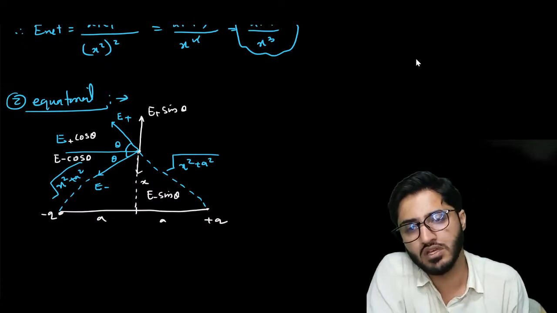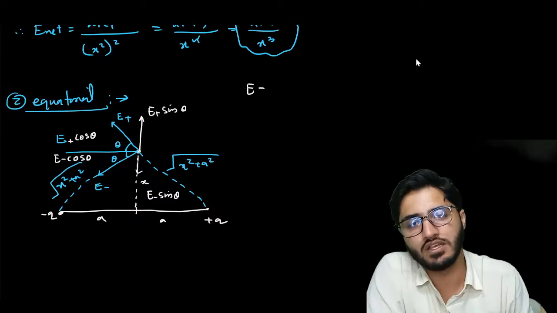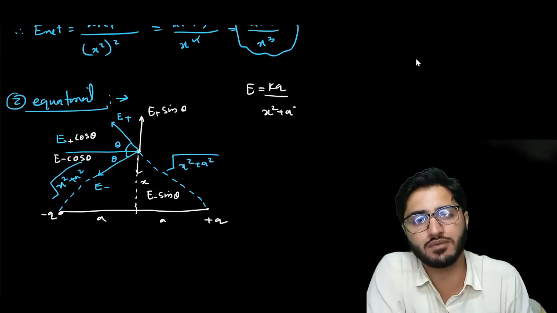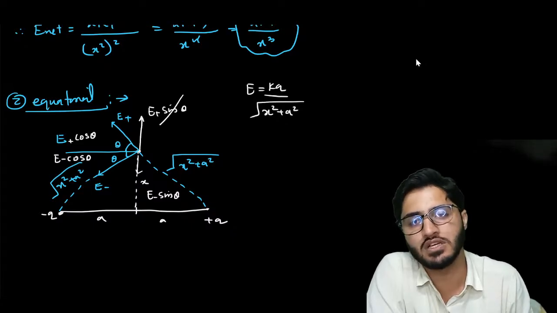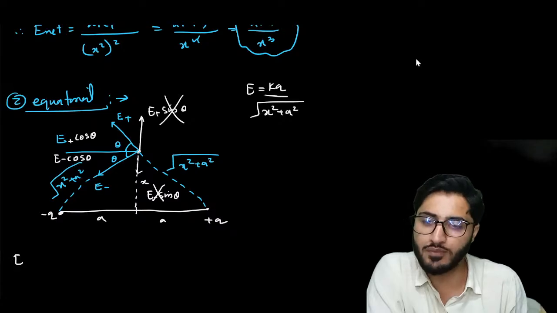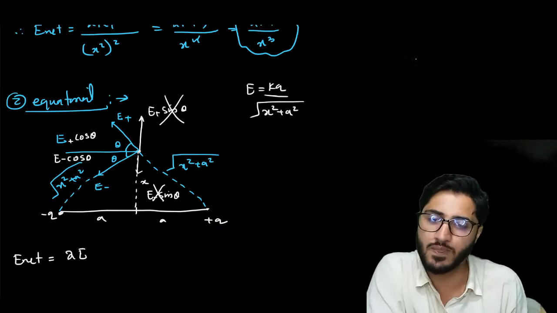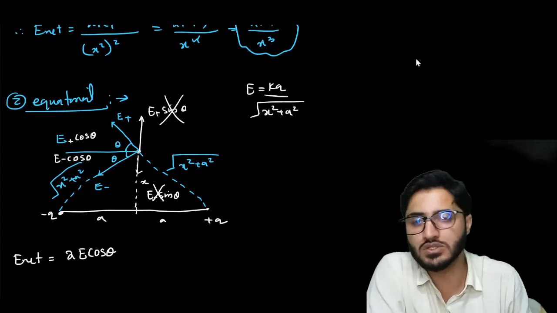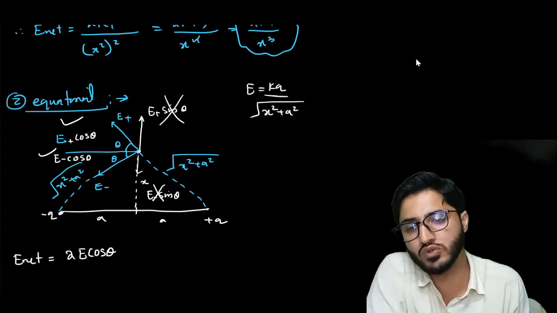Okay, look, what is E? E is KQ by R, where R square is X square plus A square. The sine components get cancelled out because they are equal and opposite. So what will be E net? E net will be equal to 2E cos theta, because one E cos theta plus another E cos theta gives 2E cos theta.